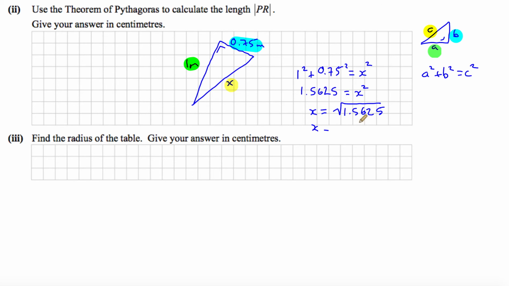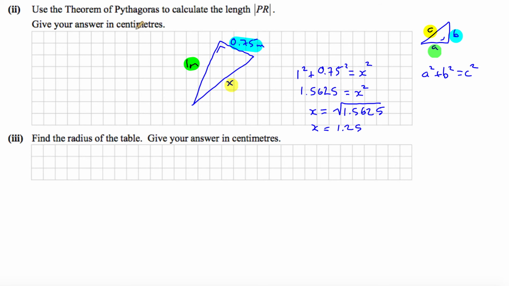And on our calculator, the square root of this will give us a value of 1.25.